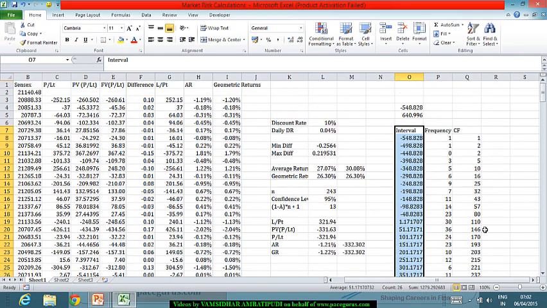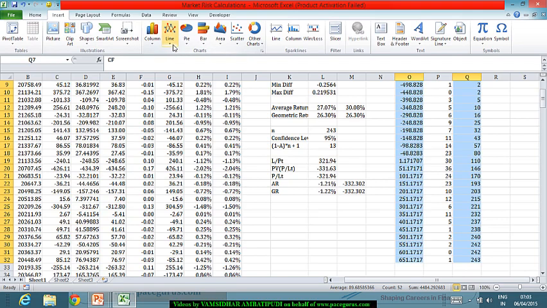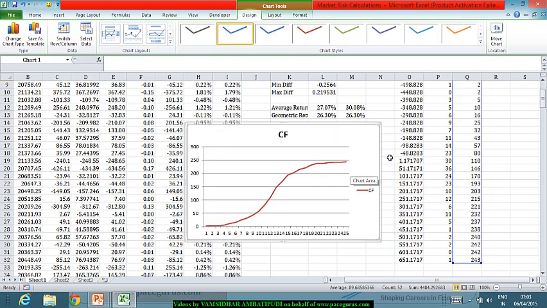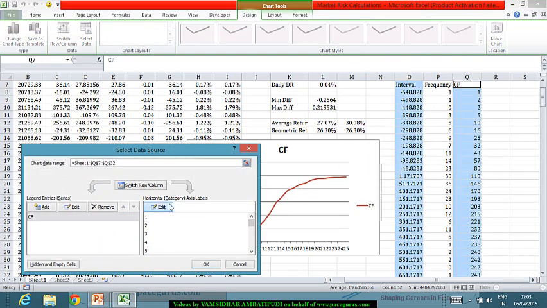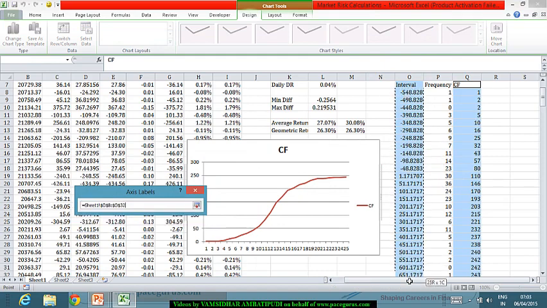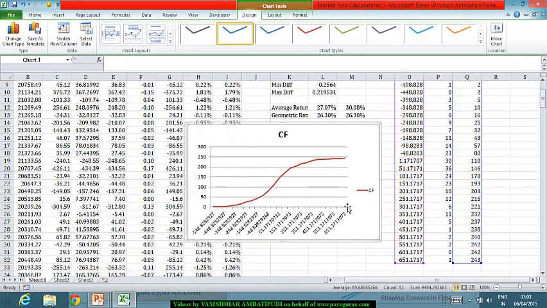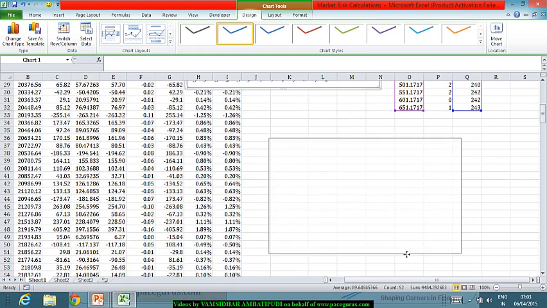So I'll do a small plotting between the interval and the cumulative frequency. Let's say I'm doing a small line chart, wherein I don't require this one, with the x-axis values being these intervals. All right, so what I am traditionally getting is a cumulative frequency like this.